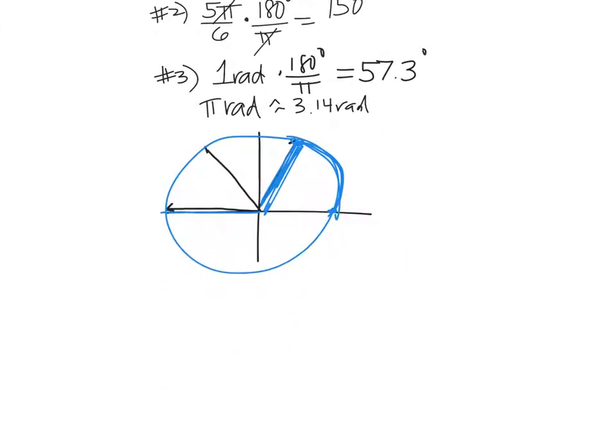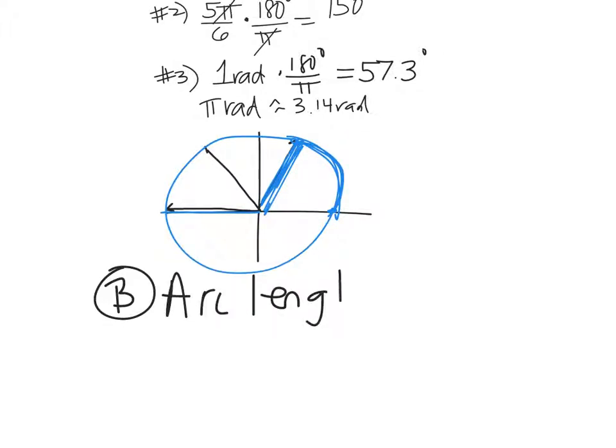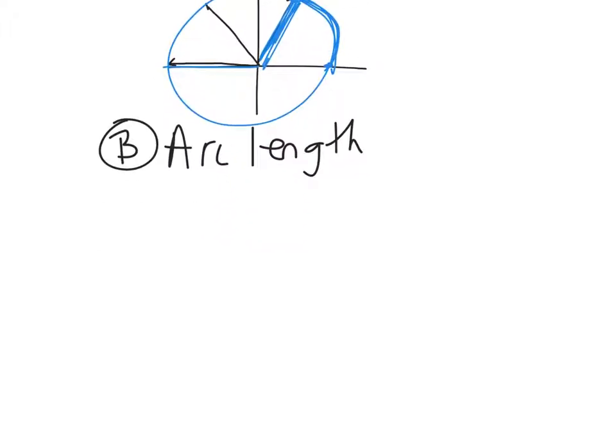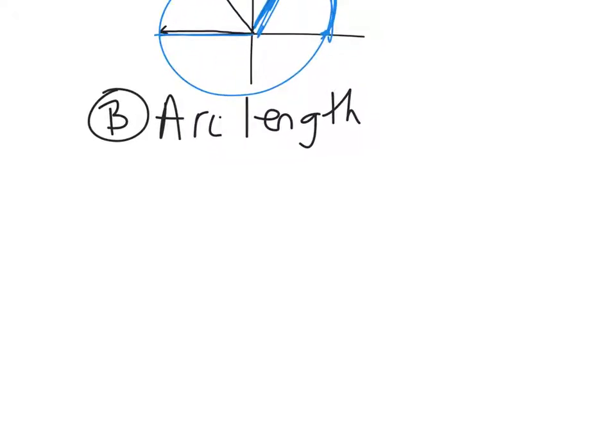Okay, part B, arc length. We have a formula for this, okay? I'll give it to you. That's not the formula. That is a formula, but that's not the formula. So let's suppose we have a circle, and we have a central angle, and we're going to call that central angle theta.